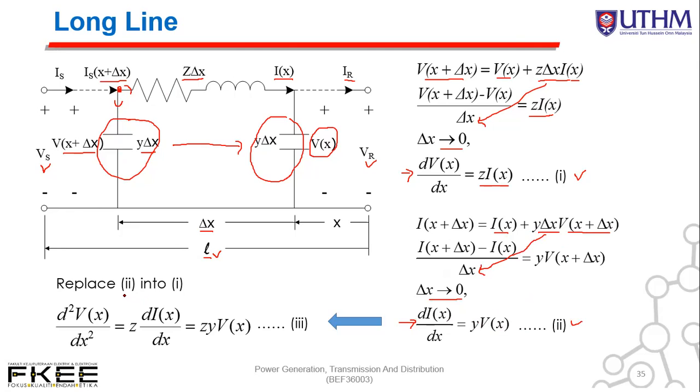So we can substitute 2 into 1, this equation into this equation. We get d square Vx over dx square equal to Z dIx over dx, or ZY Vx. So this is equation number 3.